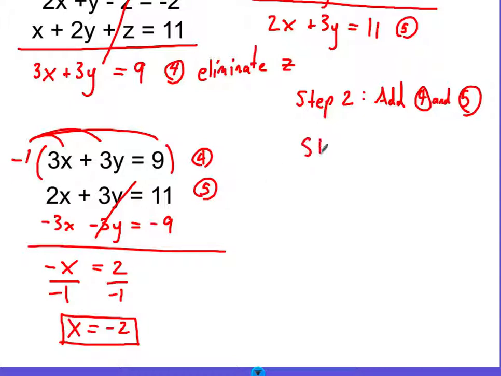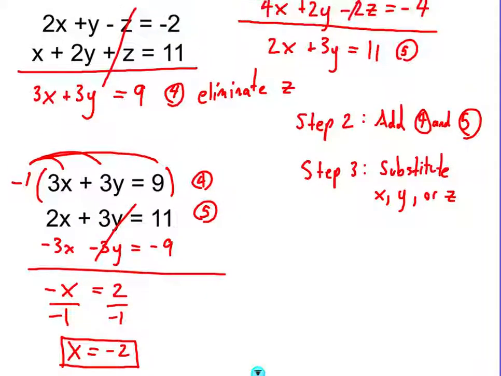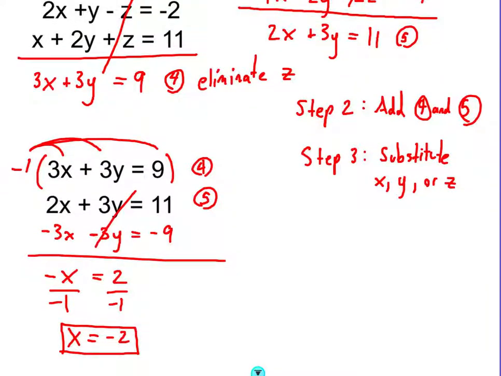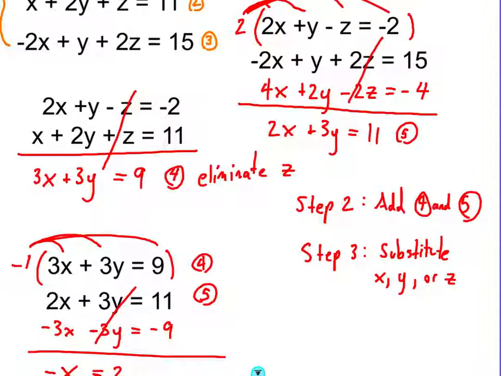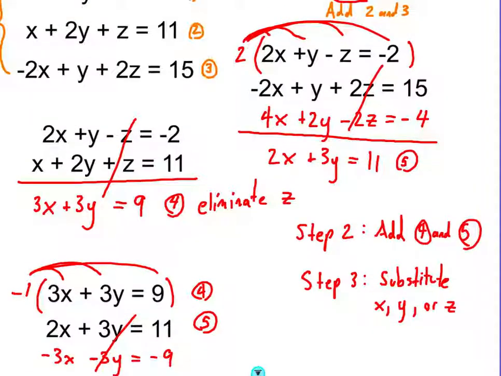Now we're ready for step 3. Substitute x, y, or z. The one you substitute depends on how you began eliminating the system.